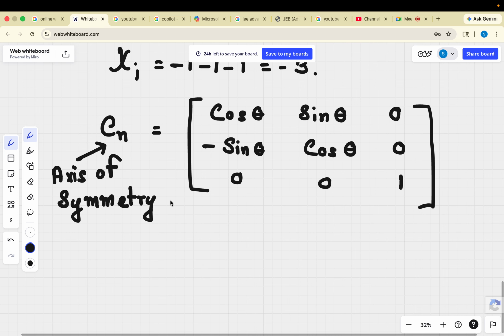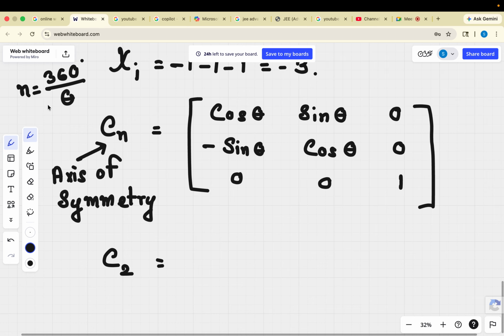Now you can put the value and you will get the result. Suppose here I am putting for C2. I am showing you how to find out. How do we get the n value? N is equal to 360 degree divided by theta, right? So if I put n value 2 here, that means theta value is 180 degree.